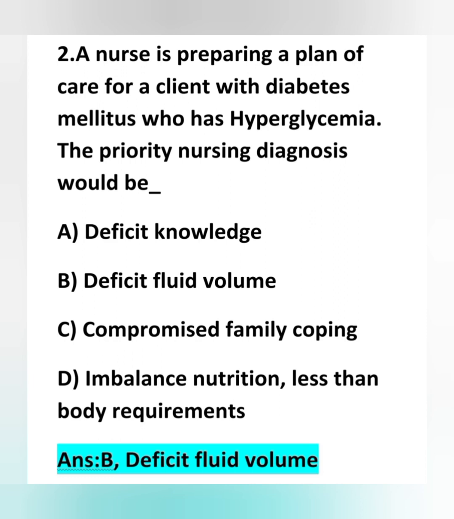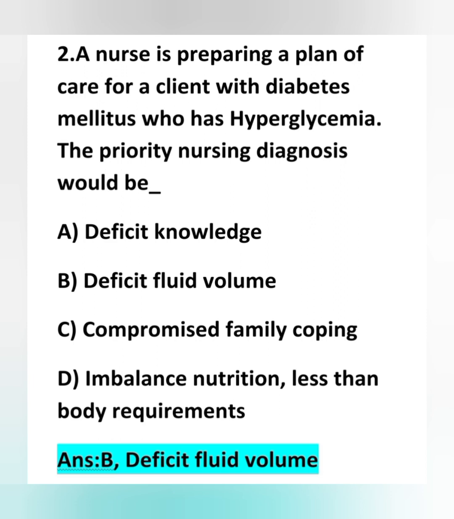The remaining options, deficient knowledge and compromised family coping, also will come, but the priority nursing diagnosis is deficient fluid volume, that is, fluid loss occurs through urine. Polyuria is the classical symptom of hyperglycemia, diabetes mellitus.